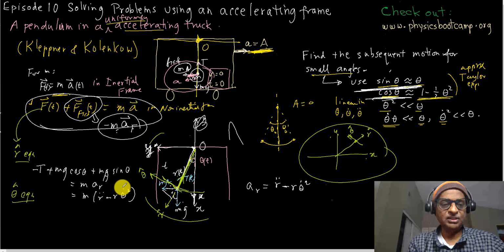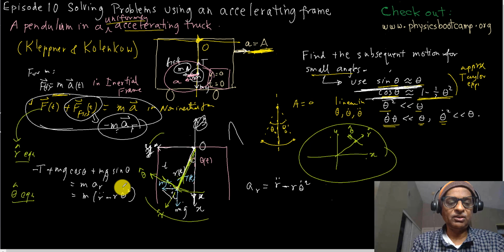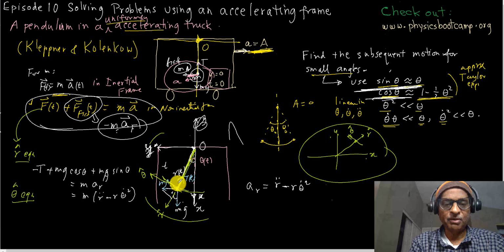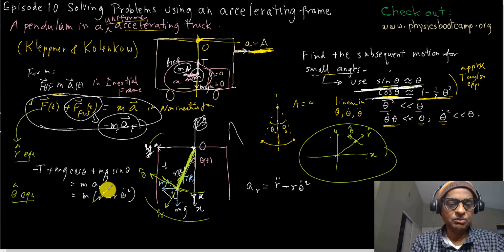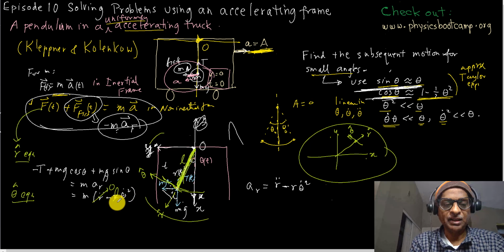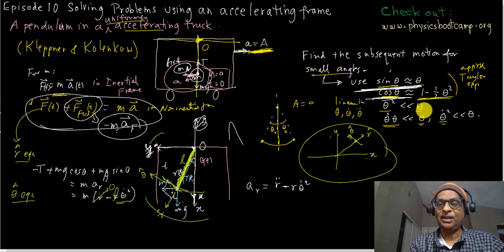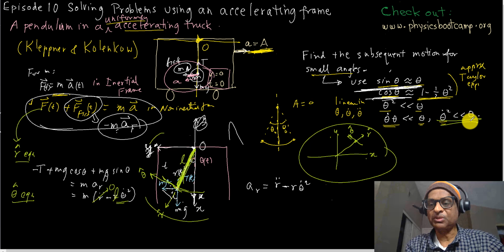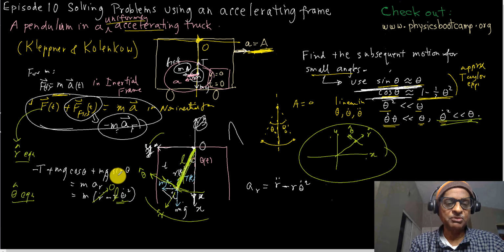And later we'll see that r dot is not changing with time, so this will go to 0, and this r will be, let's say, L, the length of the pendulum, so this will become L, and this will simplify to that. And when we use theta dot squared much less than theta, like theta squared much less than theta, this term will go to 0.